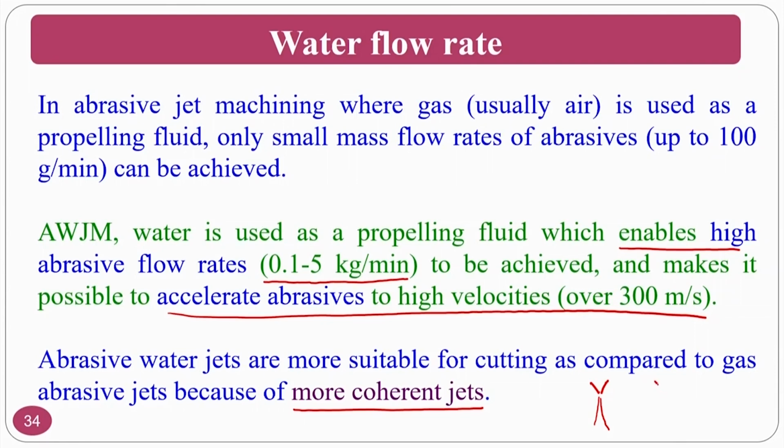In the other condition, when water is coming, you get a coherent beam, not 100%, but a coherent beam. That means you get a straight line, because of which you will cut a perfect cut into the material.